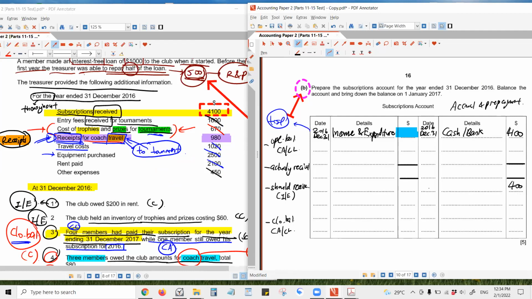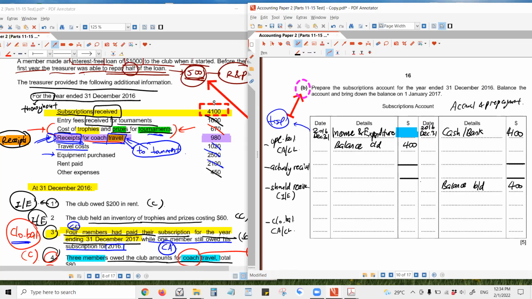These 4 members, they are too rich. They even pay for the following year's subscription, making the club owing money to them, because next year has yet to come. Okay, balance PD. Remember, for closing balances, write the balance PD amount first. Then only you move it up diagonally. 400 balance CD. Once you are done with this, we dismiss, yeah. Then we see the next part of the question next week.